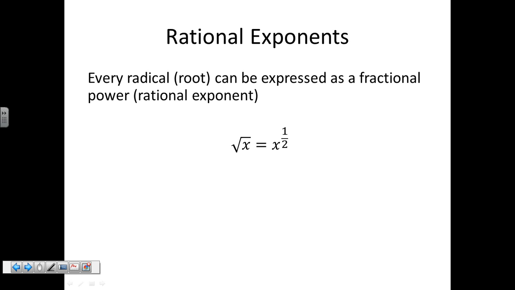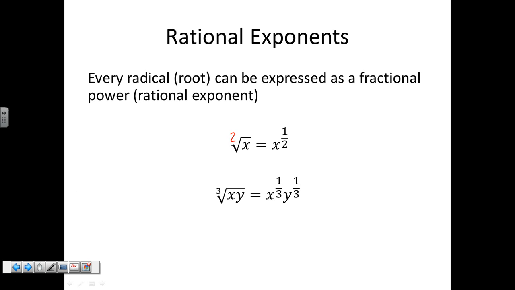So the square root, remember there is an understood 2 if we don't see any number, is equal to a 1/2 power. And the fact that it's 1 over 2, that same number as the radical, is not a coincidence.